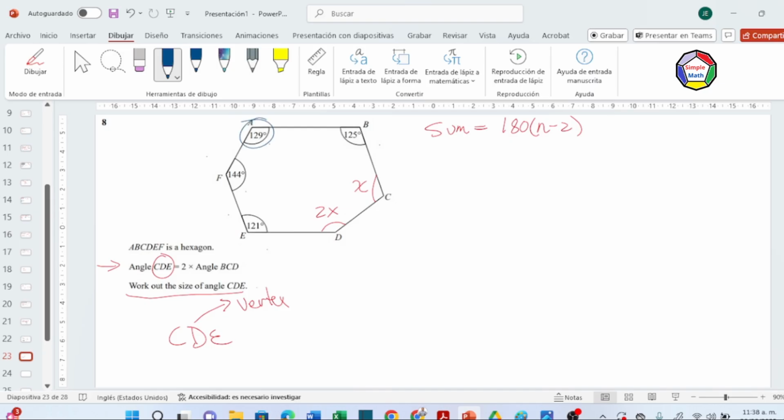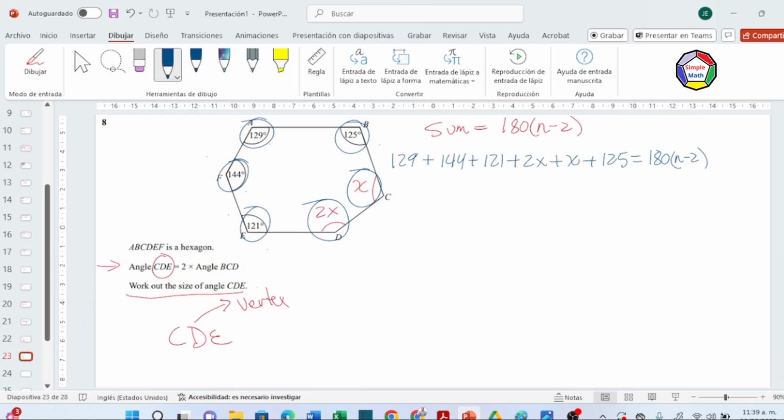So 129 plus 144 plus 121 plus 2x plus x plus 125 is equal to 180 times n minus 2.